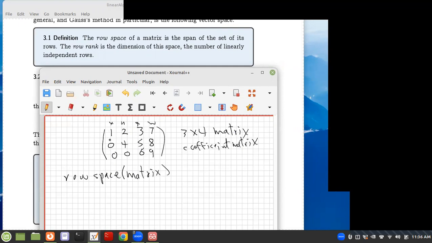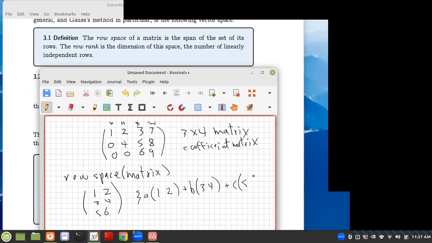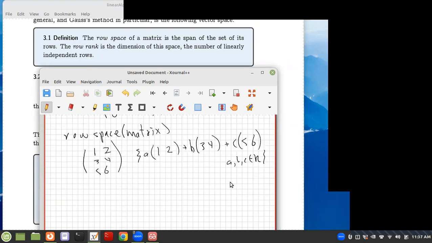So it doesn't have to be an echelon form. Let's say I started with one that wasn't, with 1, 2, 3, 4, 5, 6. So the row space would be the set A times 1, 2, these are now row vectors, plus B times 3, 4, plus C times 5, 6, such that A, B, and C are members of R. Okay, this is the row space.